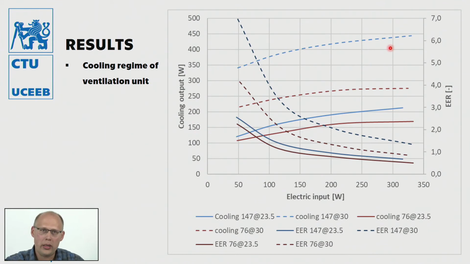It's called Joule heat, and also heat which is conducted from hotter to colder components of this heat exchanger. So there is a limit, and this limit shows a peak cooling output, and then with even increasing electric input, the cooling output will decrease. It's typical for thermoelectric modules.